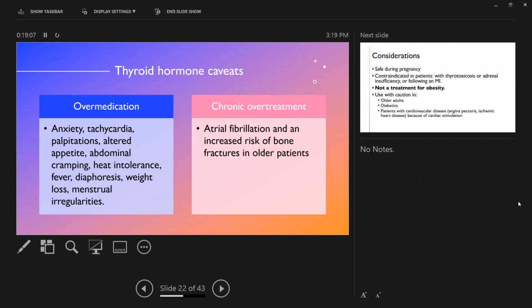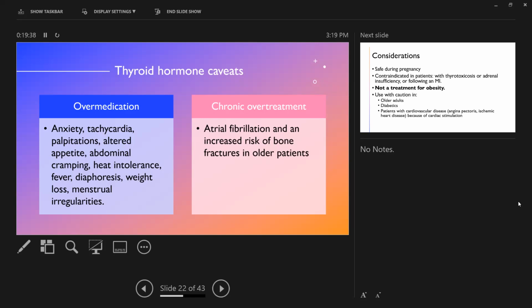So your signs of overmedication are very similar to the signs of hyperthyroidism: anxiety, tachycardia, palpitations, altered appetite, that is, increased appetite, abdominal cramping, heat intolerance, fever, sweating, weight loss, and in females, menstrual irregularities.